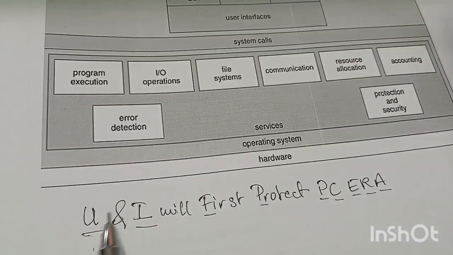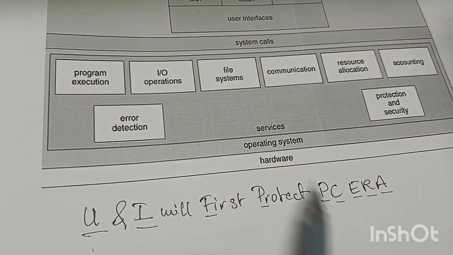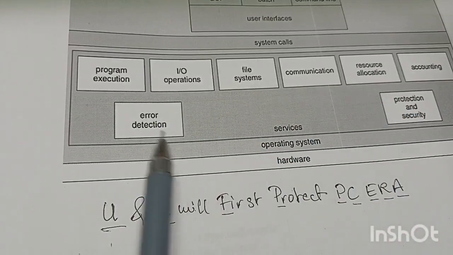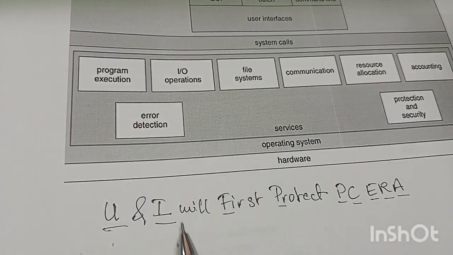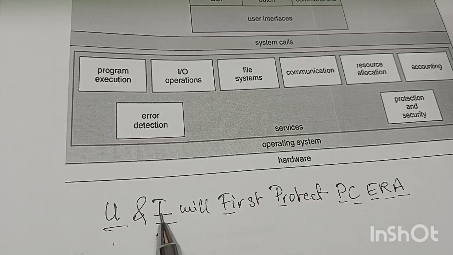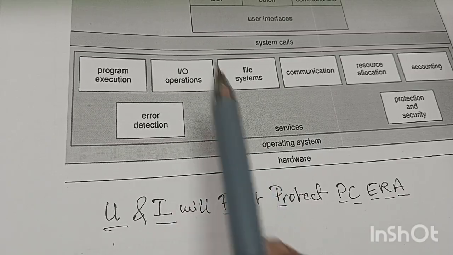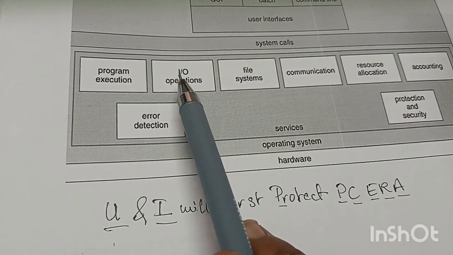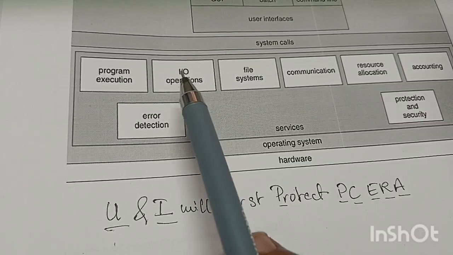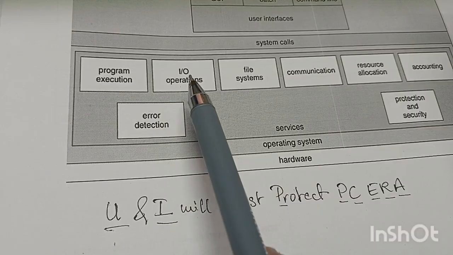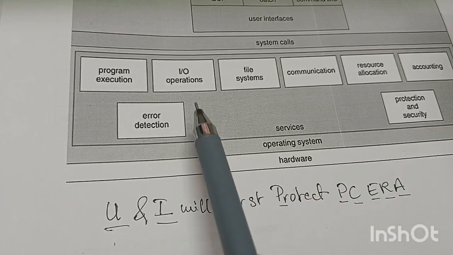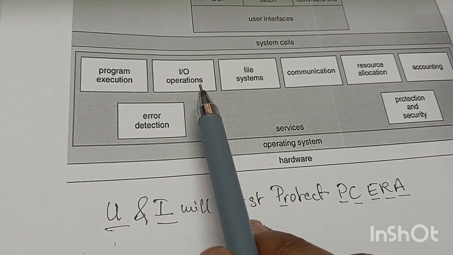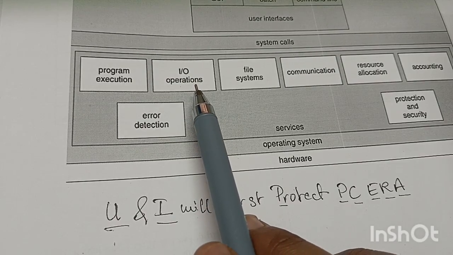The next, that is U is done. You can take it according to order, or you can mix it up also, because these are services. Now I stands for input output operations. Whenever we are running any program, for that program we need some input devices or output devices to be used.